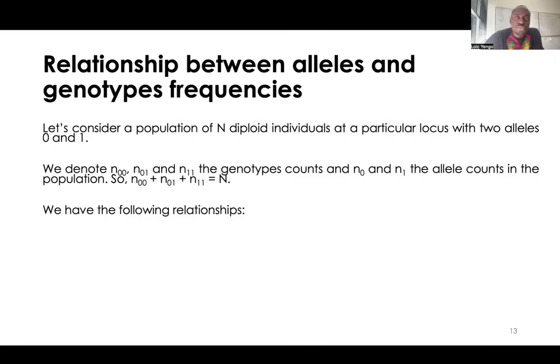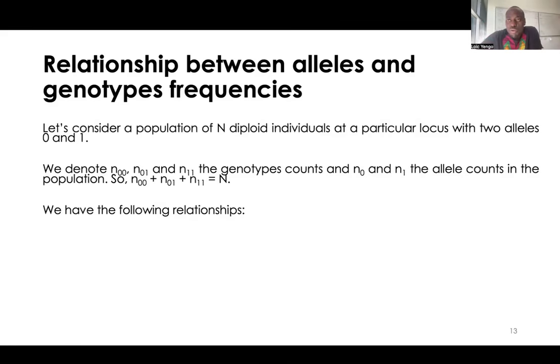So let's now introduce some notation and consider that we have a population, or think about it as a set of individuals, and we have capital N of those individuals. Those individuals are called diploid because, just like humans, they have a mom and dad. So their genotypes are fully defined by the state of two alleles.